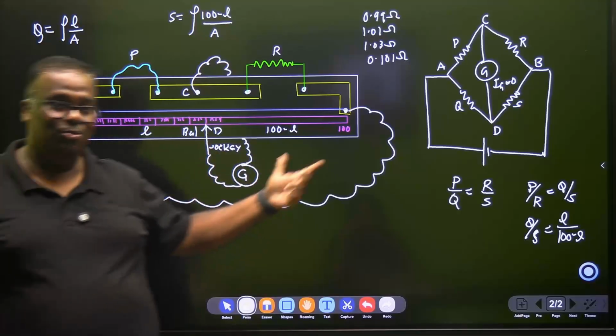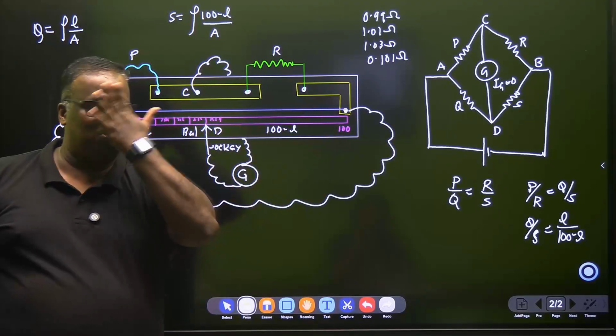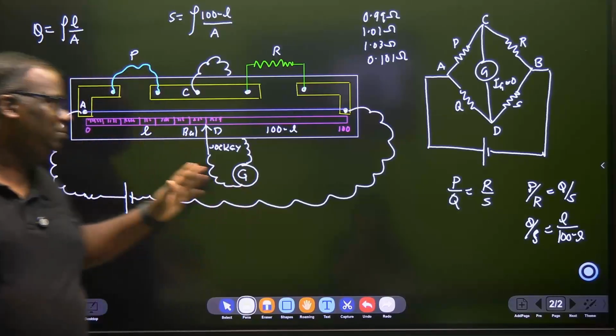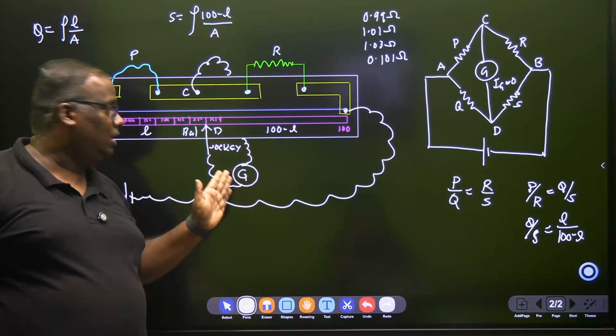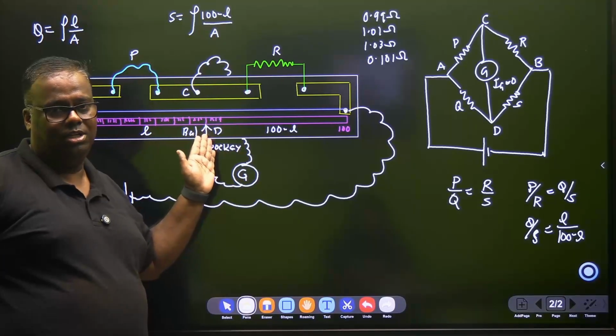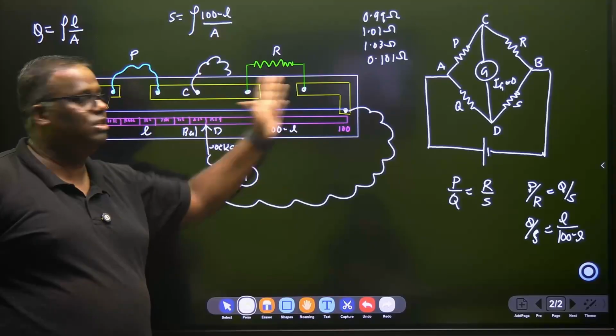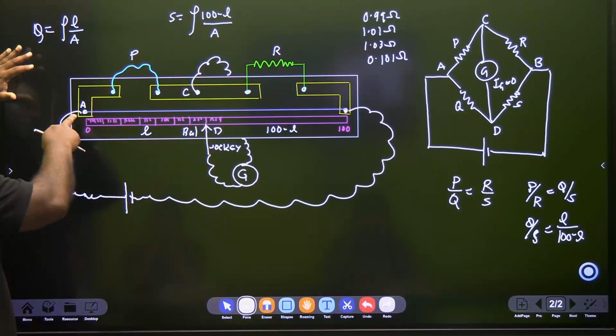Did you understand how Wheatstone bridge is applied? Meter bridge works on the principle of Wheatstone bridge. And in meter bridge, G is going to have some value. In order to bring G to 0, we will bring it to a null point. And at null point, this is a Wheatstone bridge. Now you ask yourself the question, where is A? A is here.